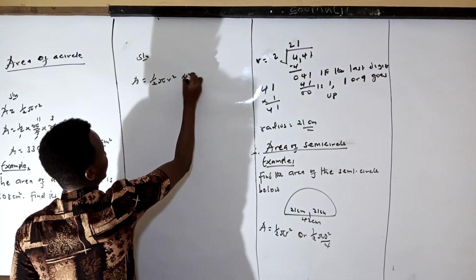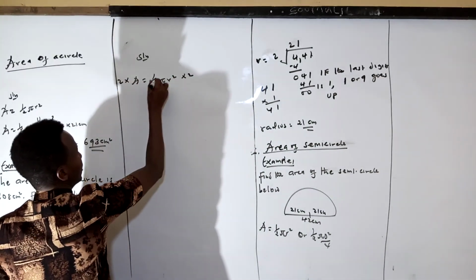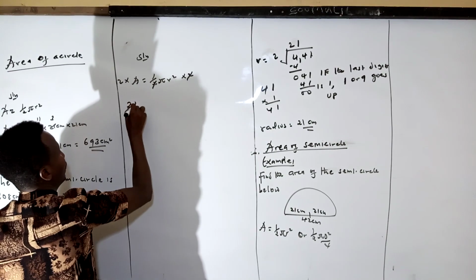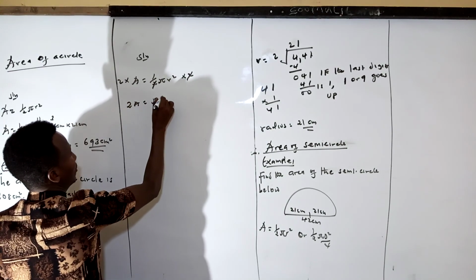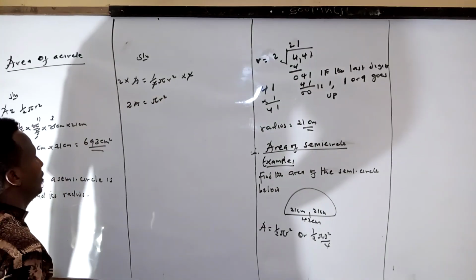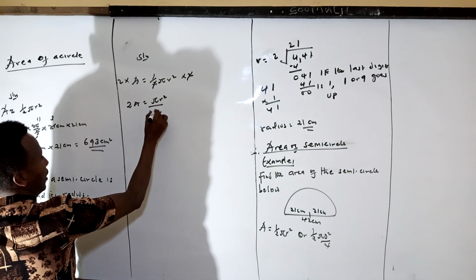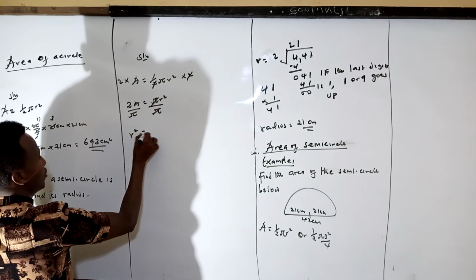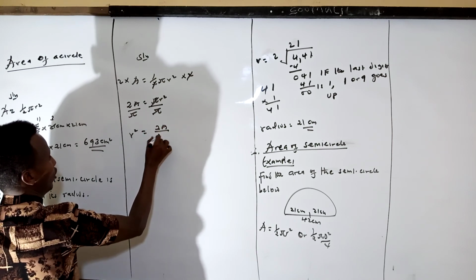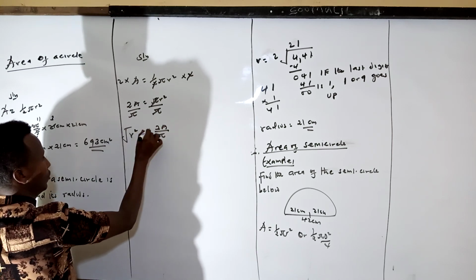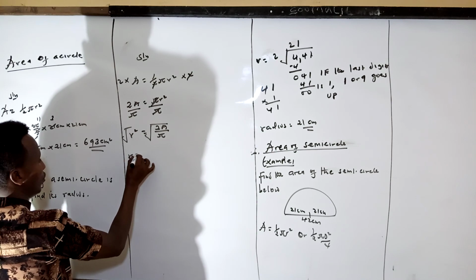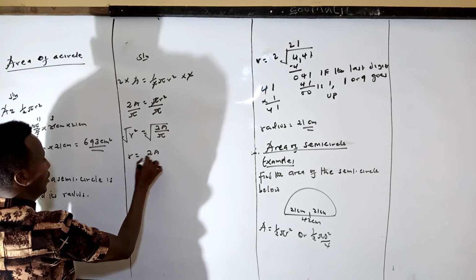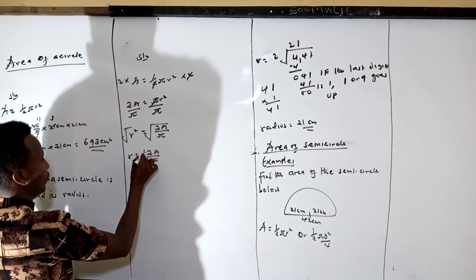Then we have 2 area is equal to πr squared. Then to get r, divide here by pi, divide here also by pi. So r squared is equal to 2 area over pi. Then into root. So r is equal to the square root of 2 area over pi.